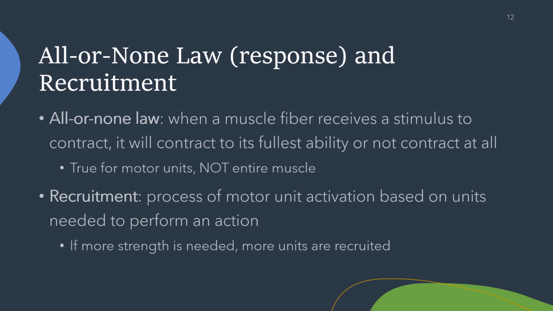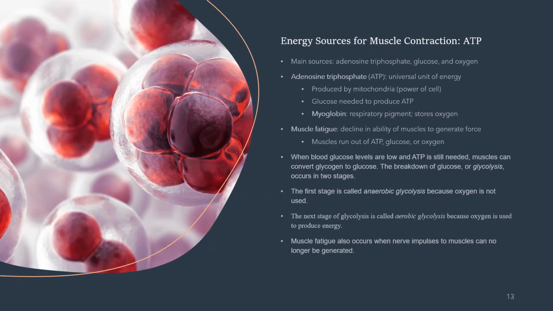So that recruitment is the process where my nerves are being told by my brain, recruit this much of my muscle fiber, and perhaps it needs more, perhaps it needs less, or maybe it was just the right amount. So the recruitment of the all or none response is what we're talking about with each of those muscle fibers, not necessarily for the entire muscle itself.